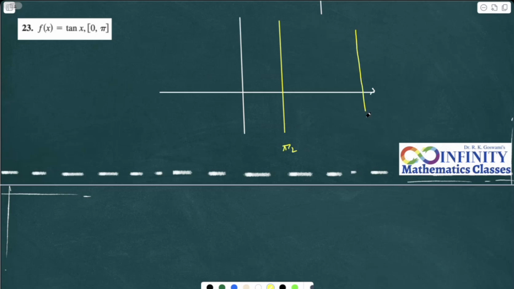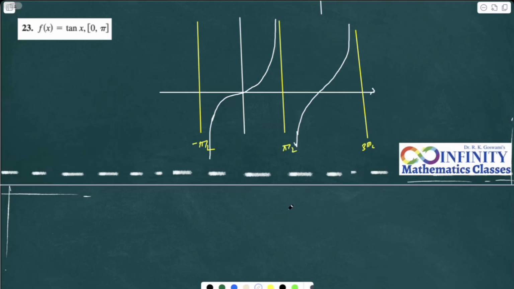And this is the line for pi by 2 plus pi, which is 3 pi by 2. And on the left hand side, I have the vertical line at negative pi by 2. So the graph goes like this, something like that. And you have a similar type of graph.